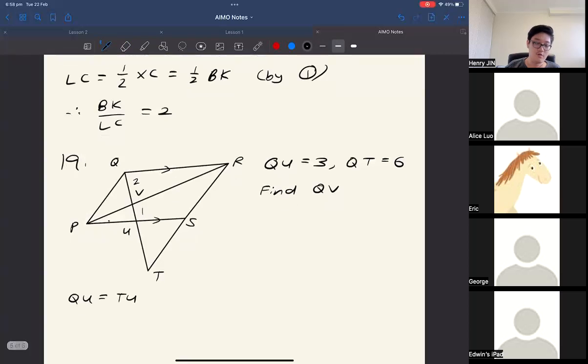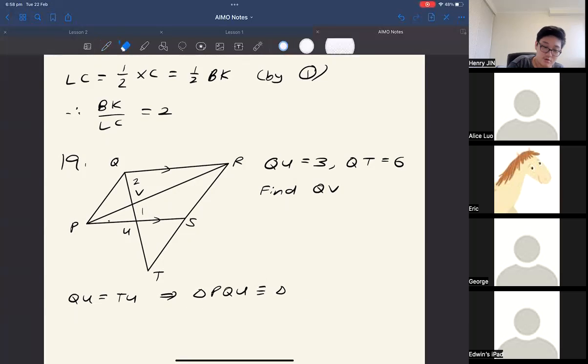So QU equals TU. So that's given. So now this is actually a pair of similar triangles, congruent triangles, right? Because they're equal sides. So triangle PQU is not similar, it's actually congruent to triangle STU.